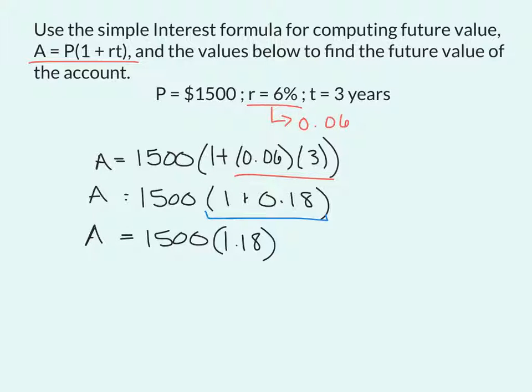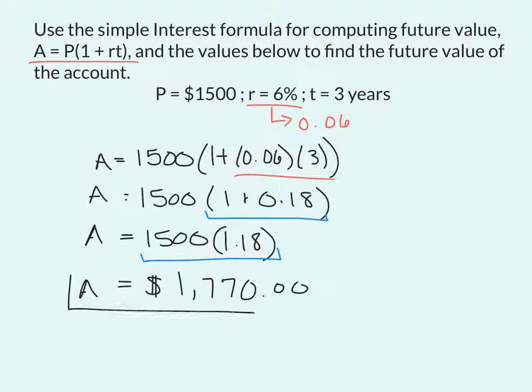Next, the equation tells me to multiply 1,500 times 1.18, and when I do that, I get a value of 1,770. Since the future value is a monetary value, I'm going to write this in dollars and cents. So my future value, or A, is $1,770.